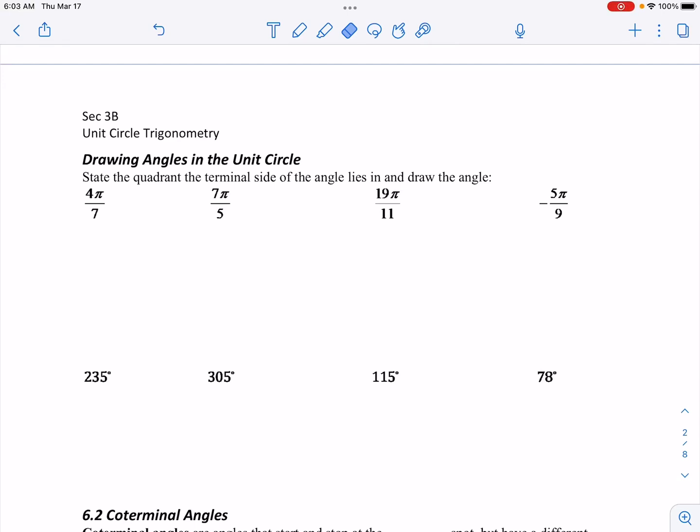All right, this is going to cover coterminal angles and reference angles. When we rotate around a circle, we either go clockwise or counterclockwise. Counterclockwise rotation is for positive angles.